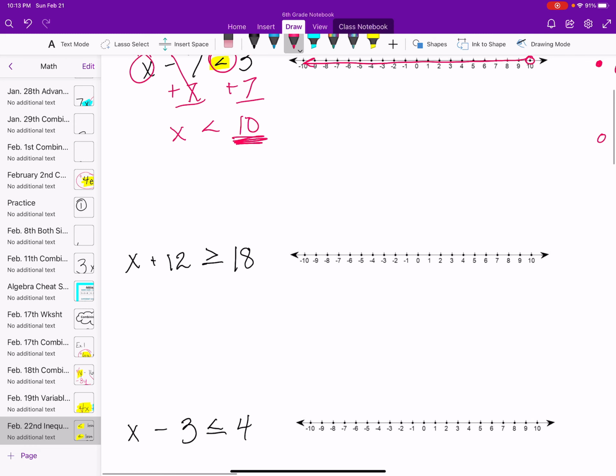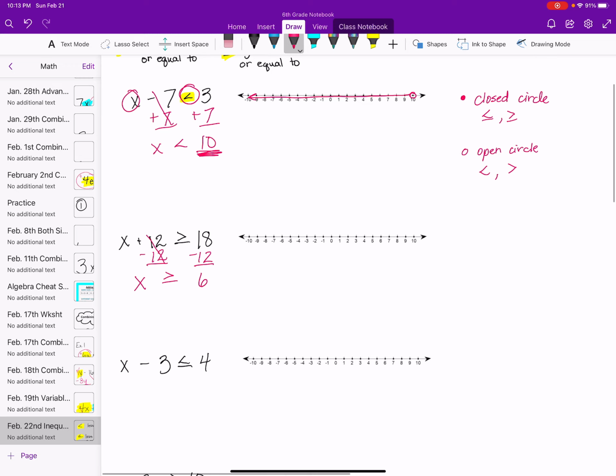So my next example is x plus 12 is greater than or equal to 18. I'm going to solve it like I would a normal algebra equation. I'm going to take the opposite of plus 12, which is minus 12. 18 minus 12 is 6. I have x, and I keep my greater than or equal to sign. Okay, now according to my rules, because this is a greater than or equal to sign, I am following the closed circle.